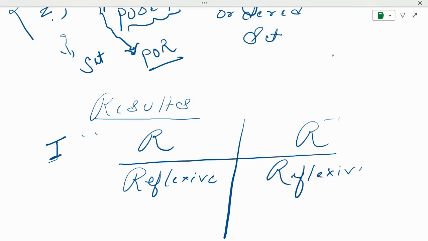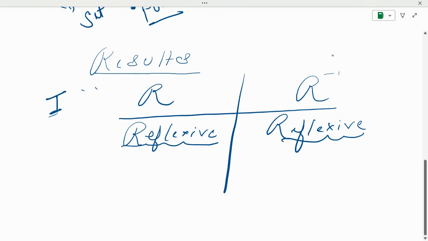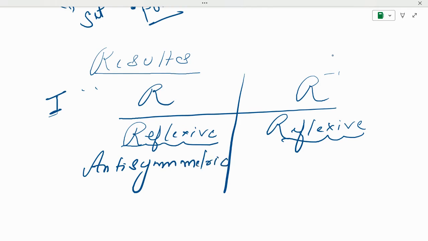In R inverse, we are just reversing the ordered pairs. If R is antisymmetric, that is, if (1,2) is present then (2,1) should not be present, then R inverse is also antisymmetric.